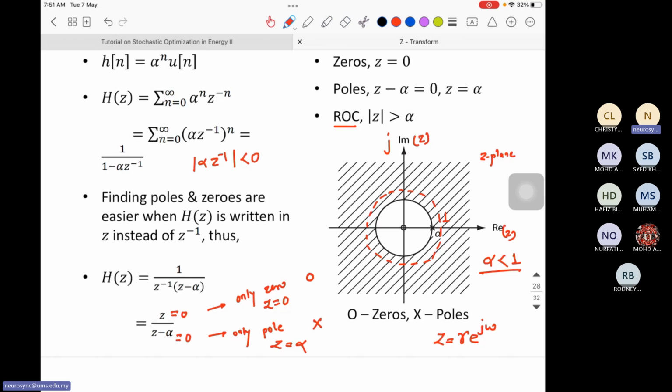Suppose I have a signal x of n; we write x of n times z to the power minus n, and we make this term absolutely summable. In the case of the Z transform, if our ROC includes the unit circle, then only we say that the system is stable.